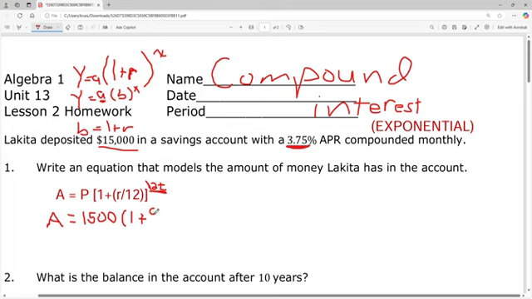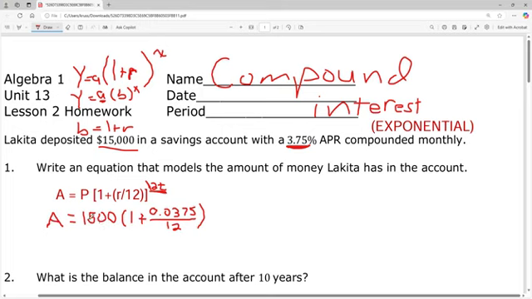0.03, that's 3%, 75, and we're going to divide that by 12. It's a tiny number. That's how much it's going to get added every month. Whatever that number is going to increase. So 1 plus whatever this number is, multiplied by that.